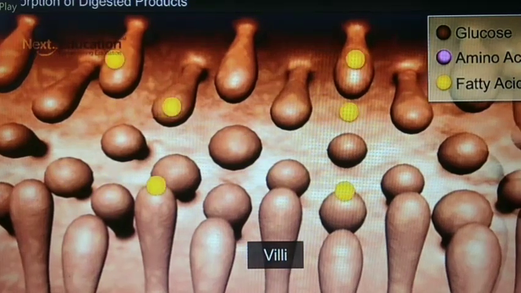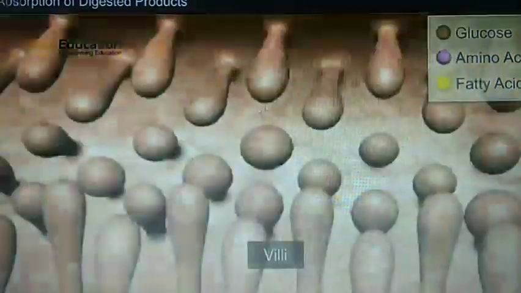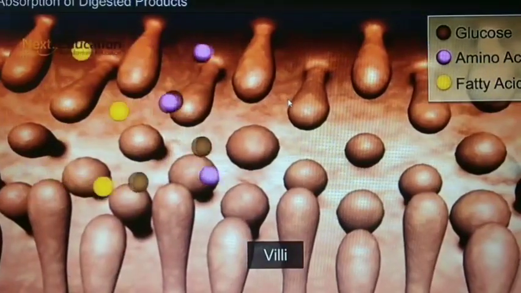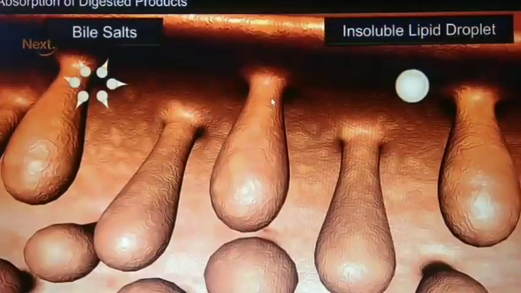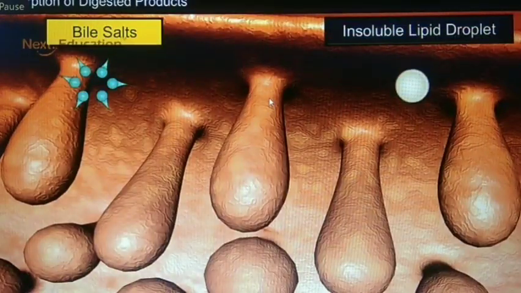Since fat molecules are not soluble in water, they cannot be directly absorbed into the villi. They undergo further changes for their absorption into the intestine.